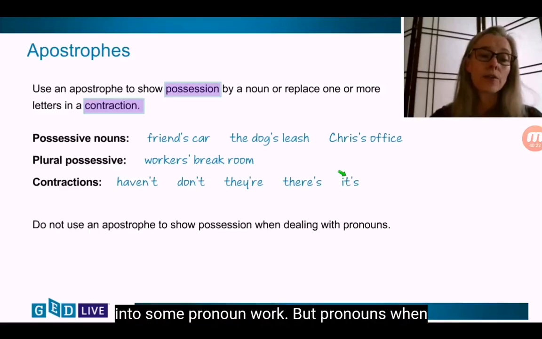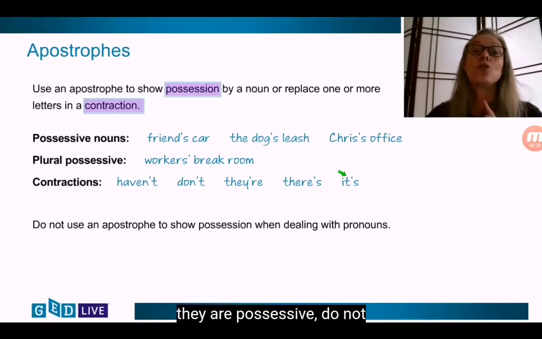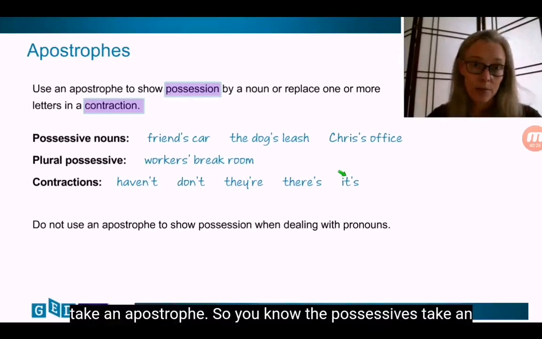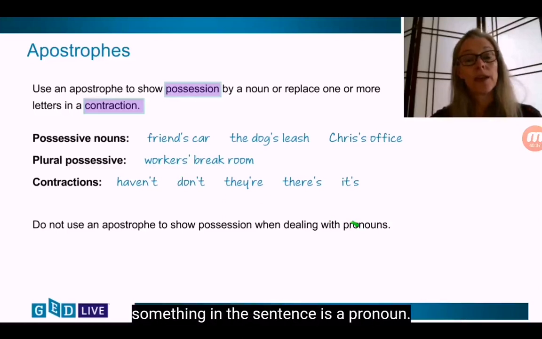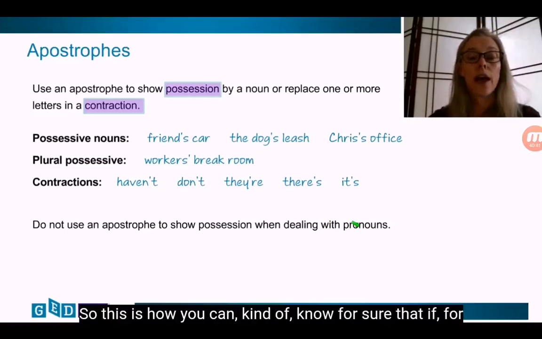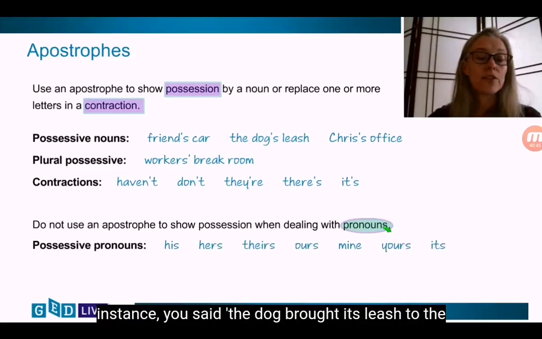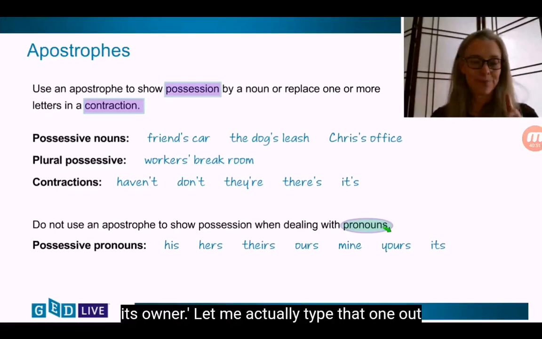But pronouns, when they are possessive, do not take an apostrophe. So you know that possessives take an apostrophe, but the exception is when what possesses something in the sentence is a pronoun. So this is how you can know for sure that if, for instance, you said, the dog brought its leash to its owner.